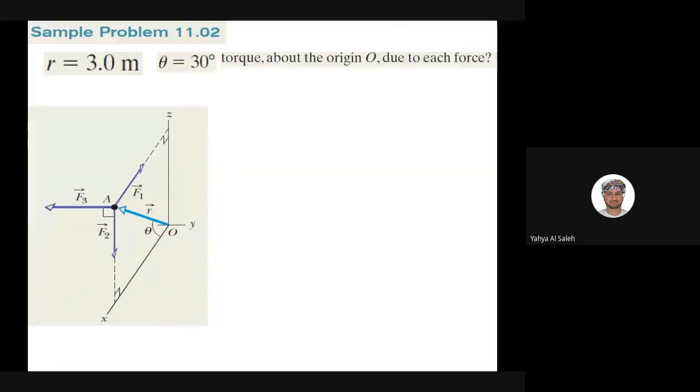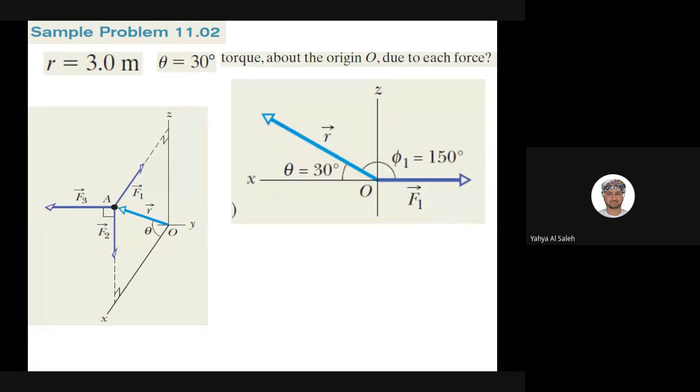Well, let's see. Let's take the first one, F1. F1 is at 150 degrees because my r is at 30 degrees and the total is 180.